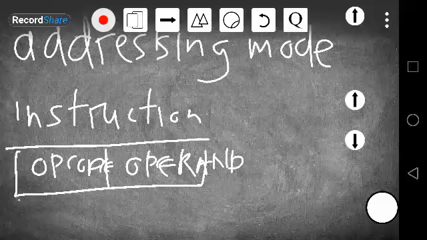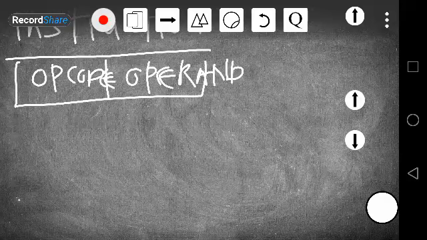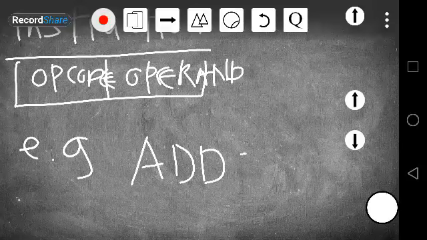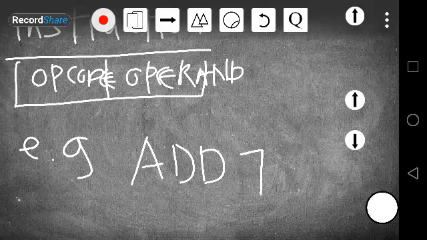For example, it will be like add 7. This means add 7 to the contents of the accumulator. 7 is the operand here, the actual data that we need. Instead of an address, there is the actual data in the instruction.